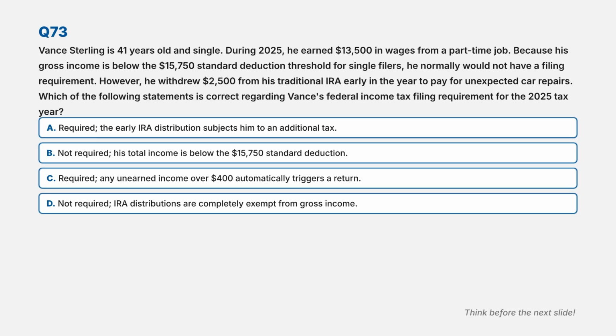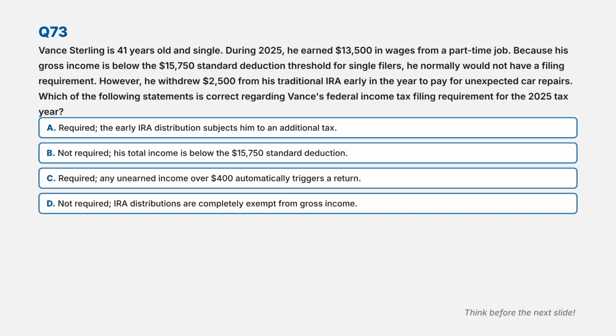However, he withdrew $2,500 from his traditional IRA early in the year to pay for unexpected car repairs. Which of the following statements is correct regarding Vance's federal income tax filing requirement for the 2025 tax year? A. Required. The early IRA distribution subjects him to an additional tax.